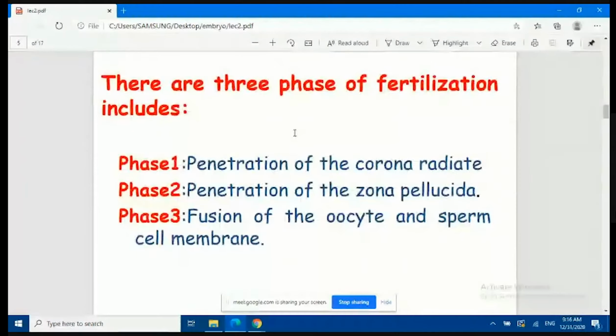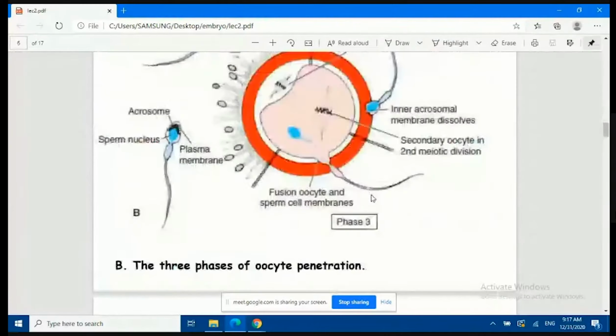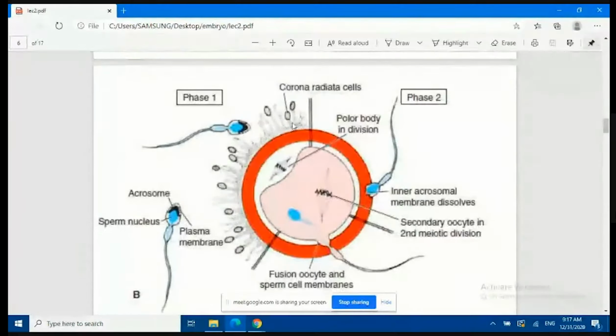So, there are three phases of fertilization. It is not that penetration and fusion just happen and we have a zygote. No, we have steps, in order. First of all, as you know, we have layers around the oocyte, some cells surrounding it.